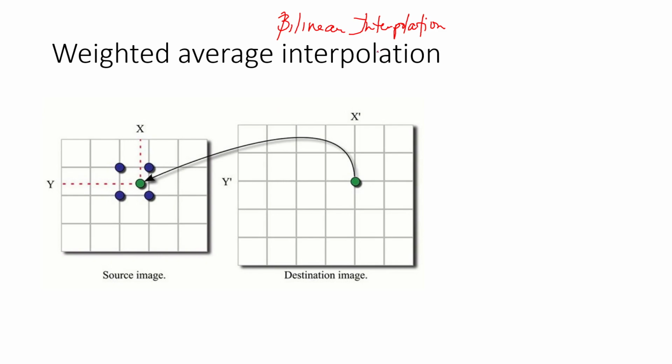So let's make an example. Let's say we have a pixel location here. Let me draw this. Let's say the coordinate of that particular pixel is, for example, the row is 200, and the column is let's say 100.